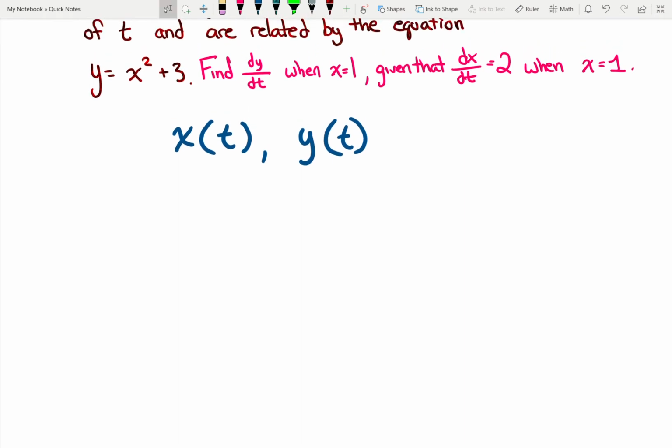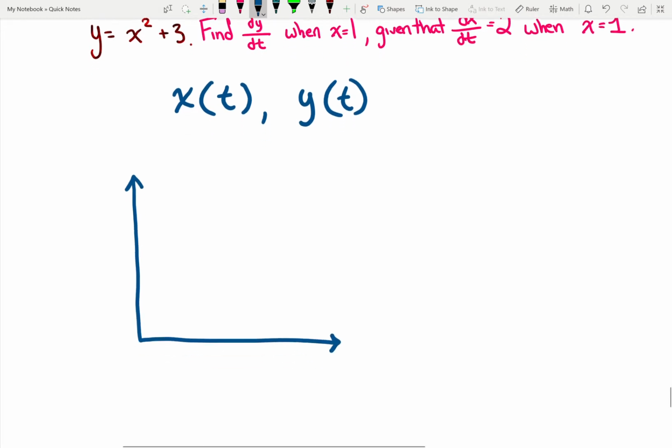If I were to draw x of t, how would I do that? I would draw an axis system, where my input axis is t and my output is x of t.